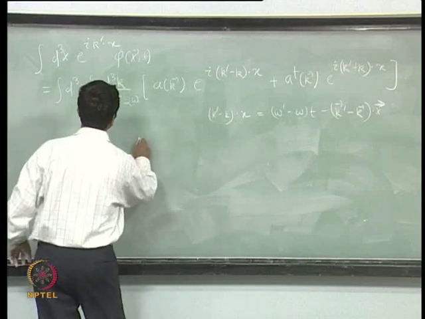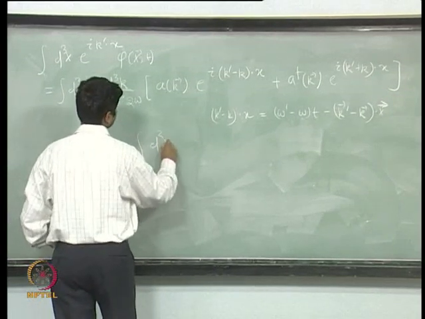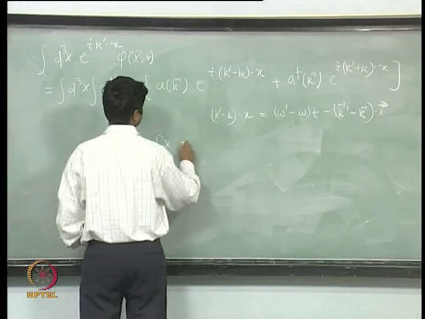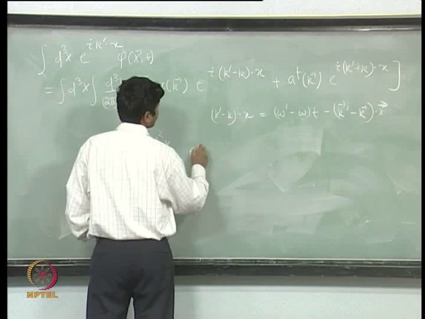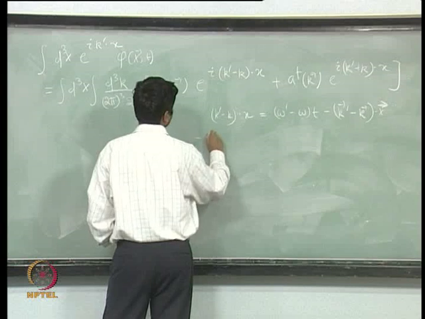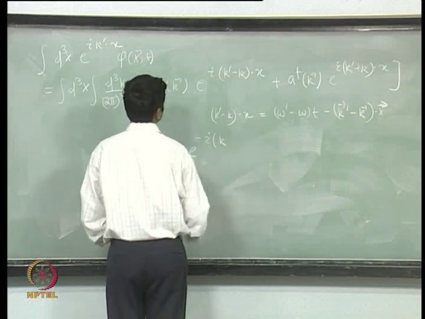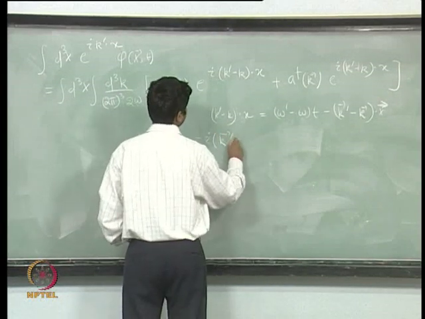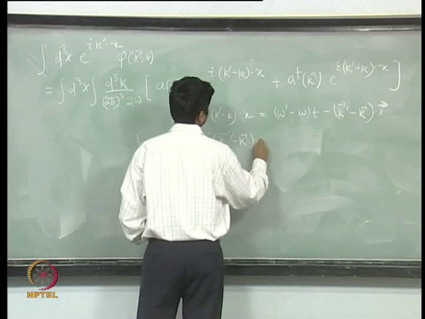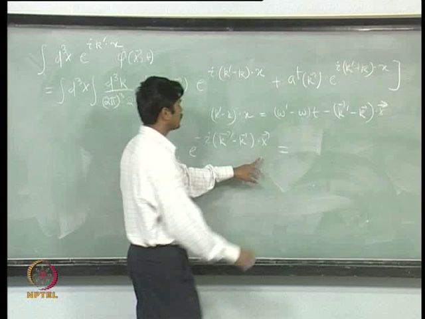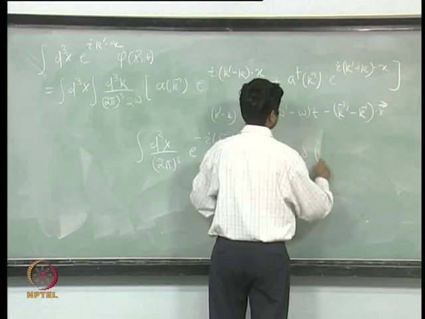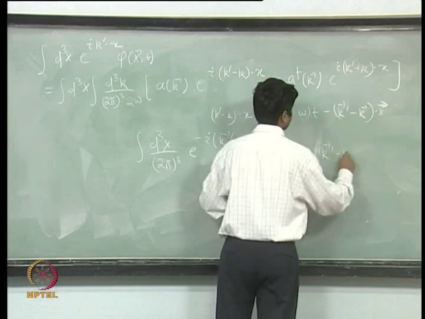We will use this relation, integration d cube x divided by (2 pi) cube e to the power minus i (k prime minus k) dot x. This is the Dirac delta function, delta of k prime minus k.